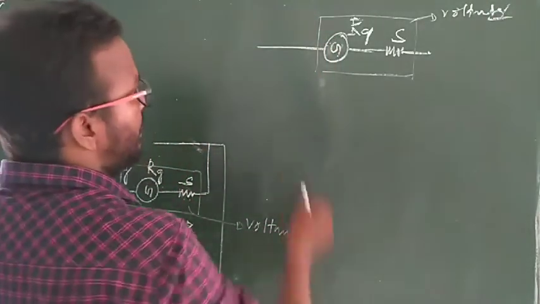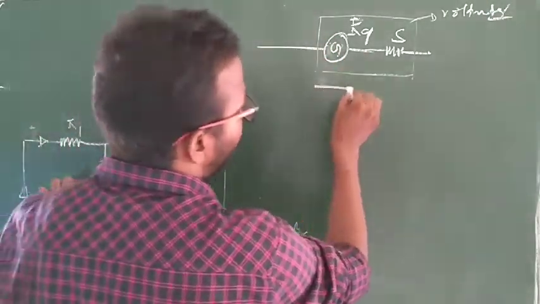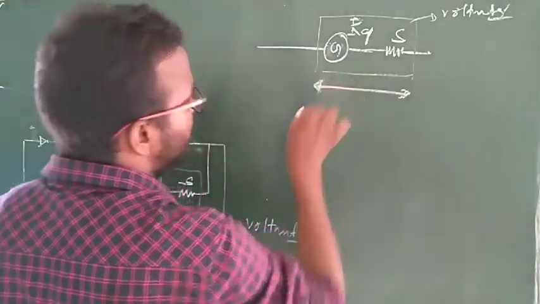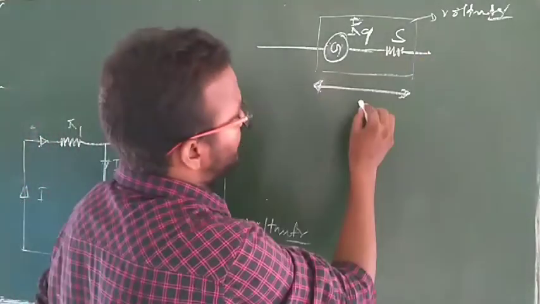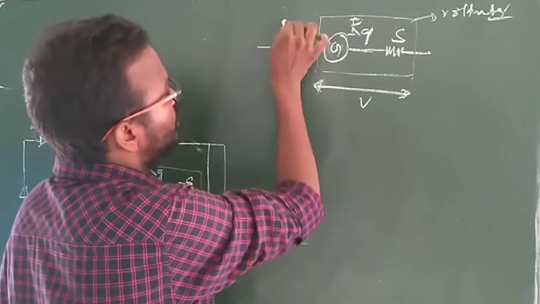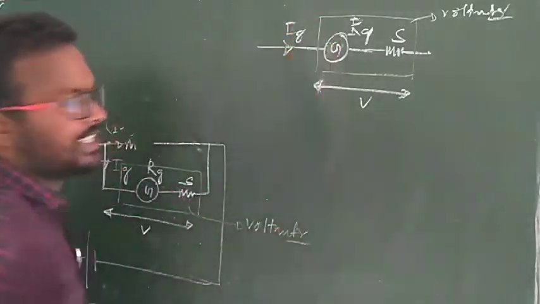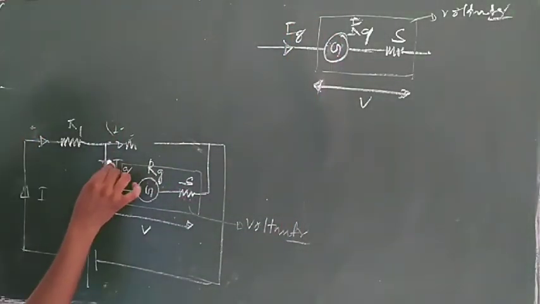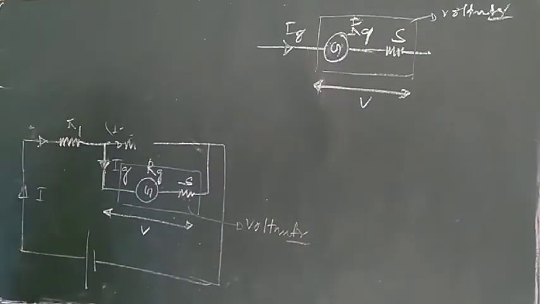Clear? The potential drop shown across the voltmeter is V, and the current flowing through the voltmeter is Ig.